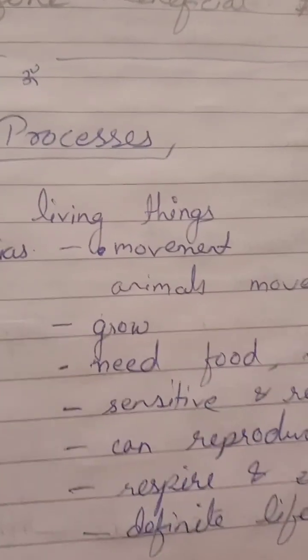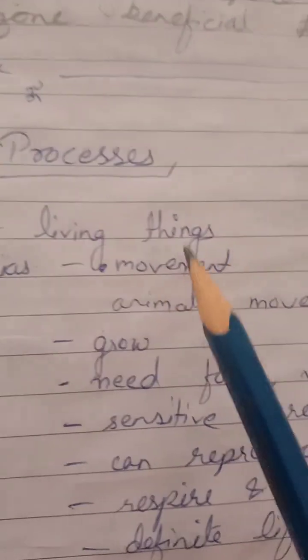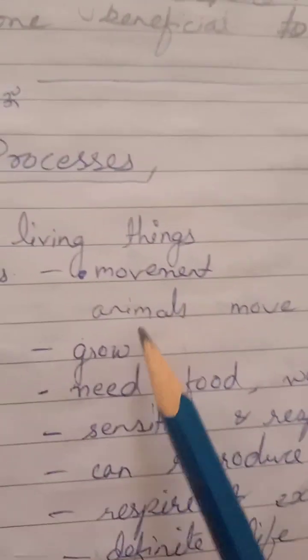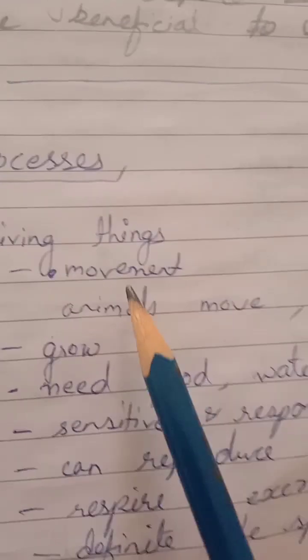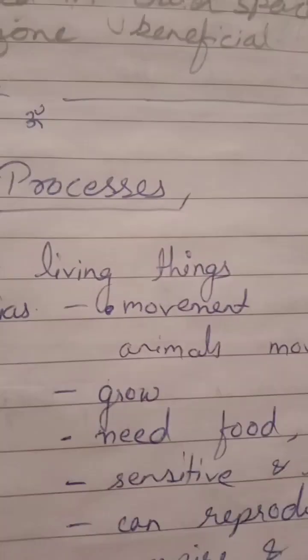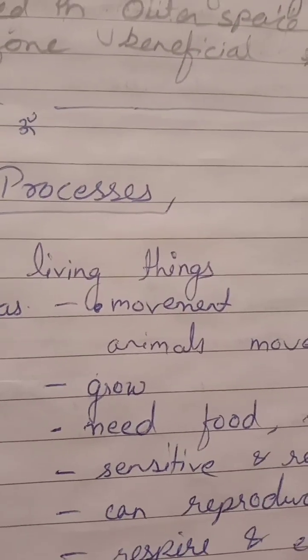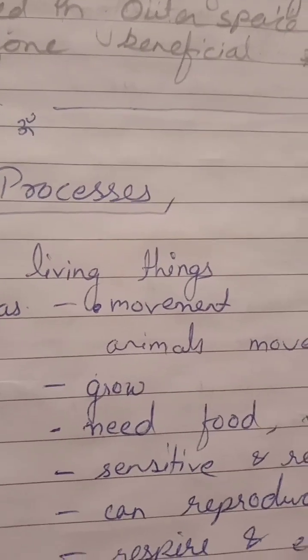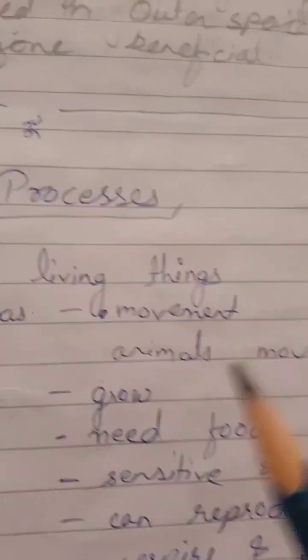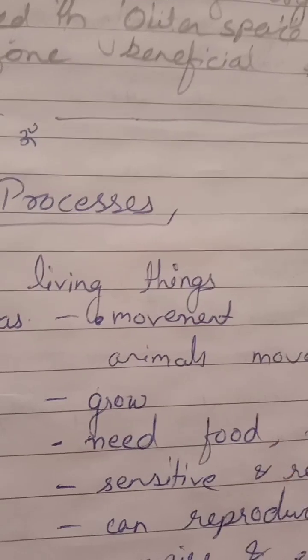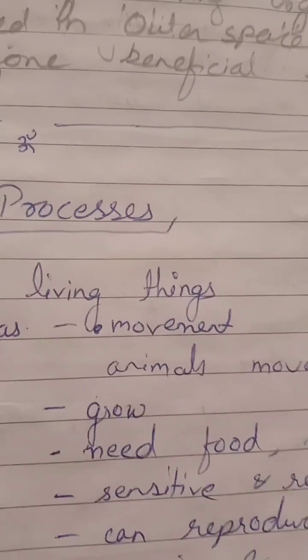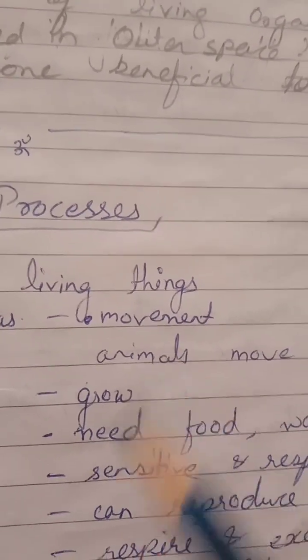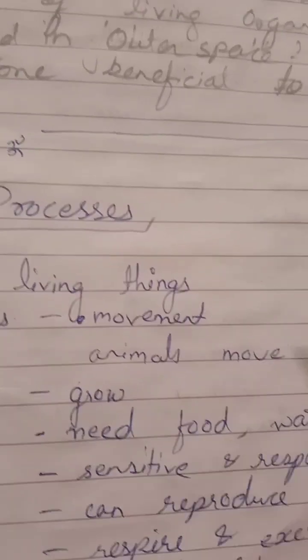The first and foremost is, whenever we see somebody moving, we can say that it is living. We cannot say the clouds are living, clouds are also moving. But generally, if you see movement in the organism, we can say that it is a living organism.